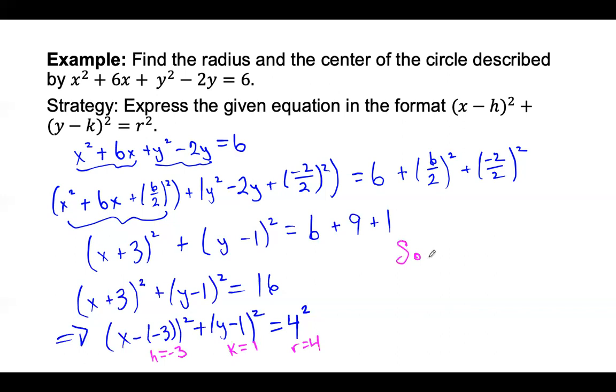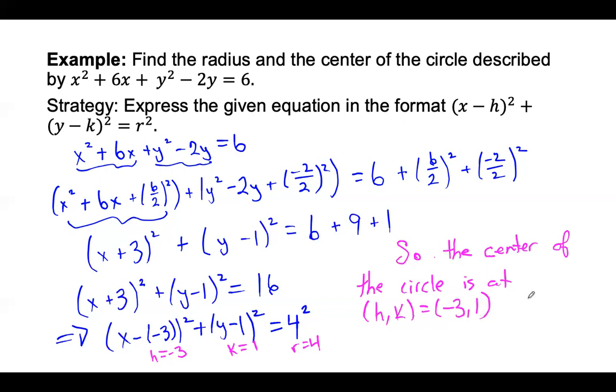So the center of the circle is at h, k equals -3, 1, and the radius is r equals 4.